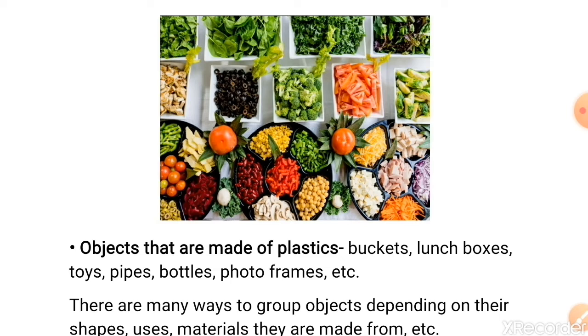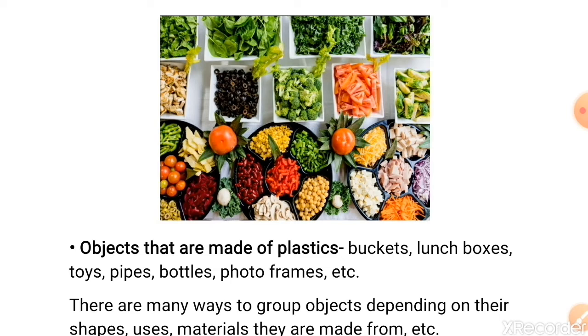So, students, so far we have seen that there are so many ways to group objects. We have grouped objects on the basis of their shape, as we were classifying them into round objects, nearly round objects, and we also classified objects on the basis of the material they are made up of.